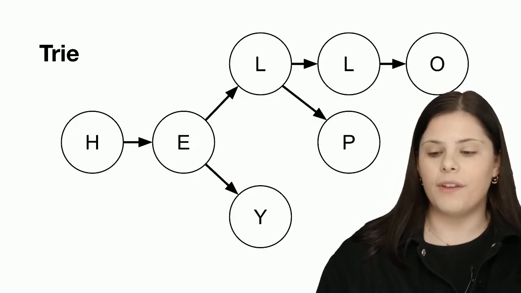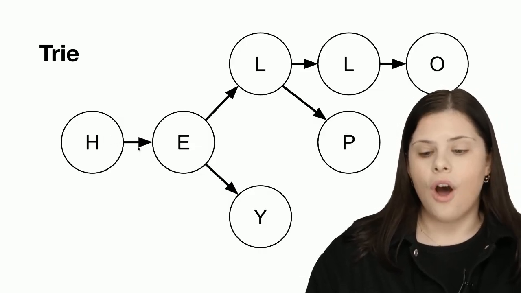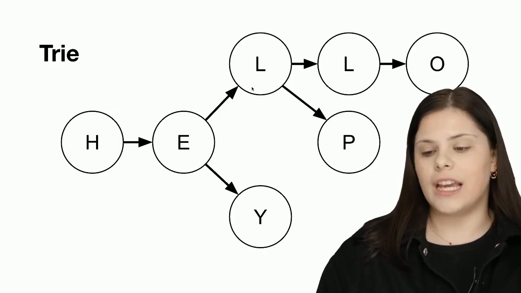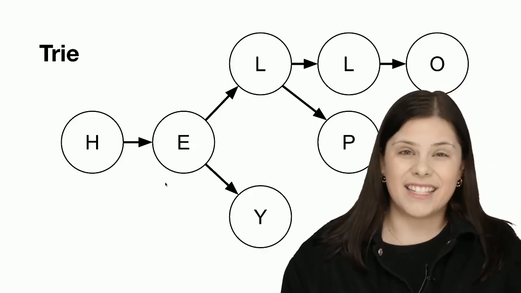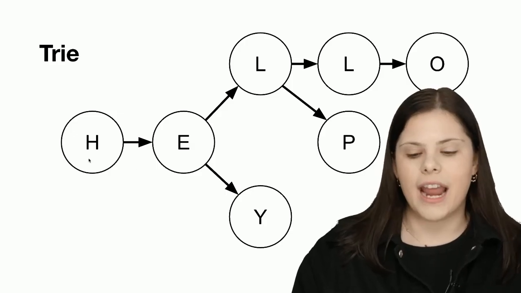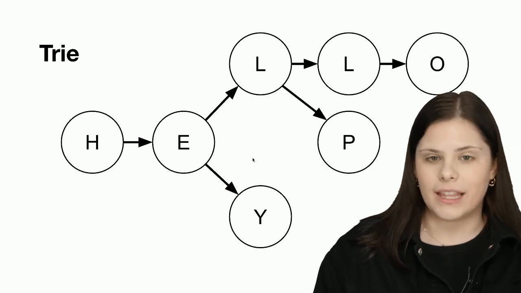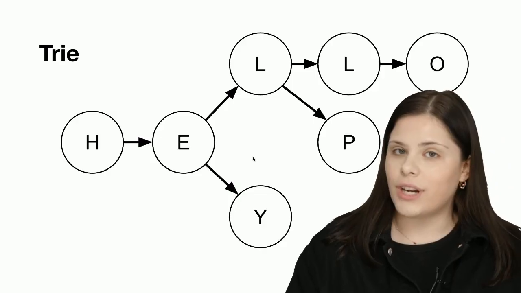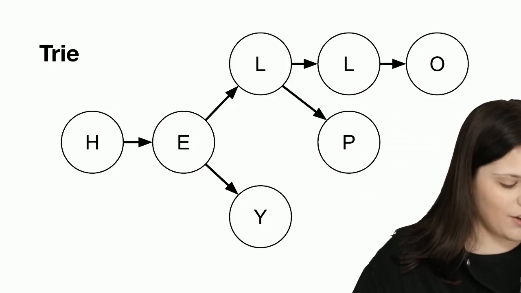So, for example, if I wanted to grab the word hello, I would have to trace all the way through HELLO. But since, for example, hey has the same first two characters, instead of writing hey all over again, I can just trace it using the first HE and then adding Y in the end. We're not going to touch on tries in this section, but you're certainly welcome to explore that on your own.